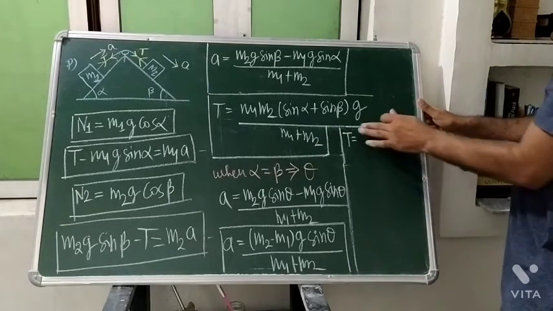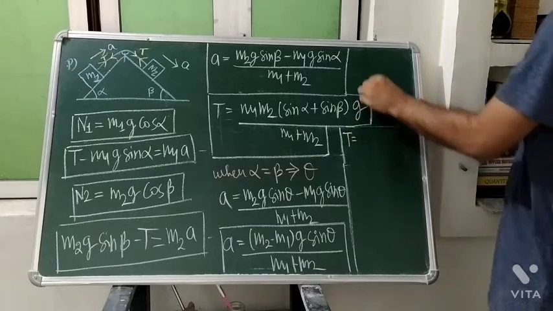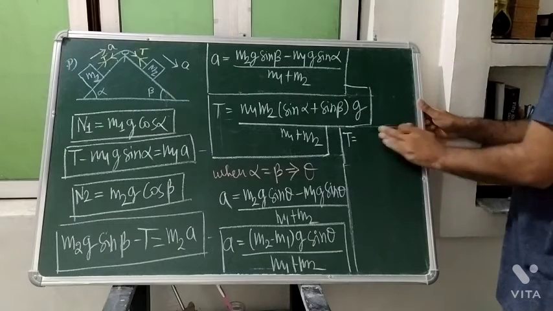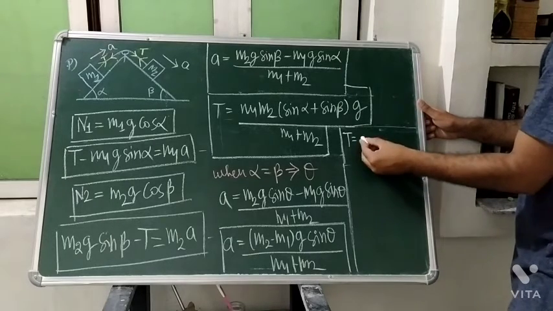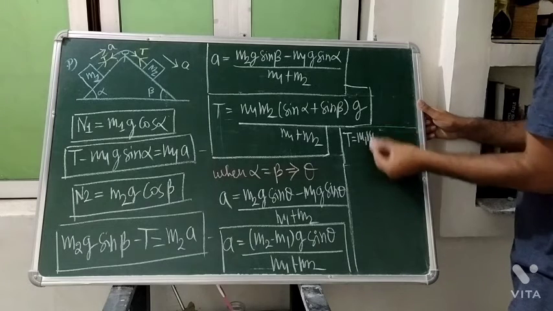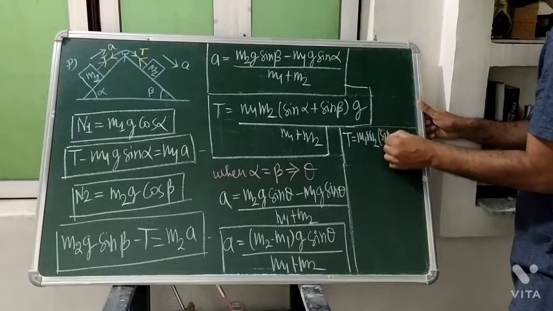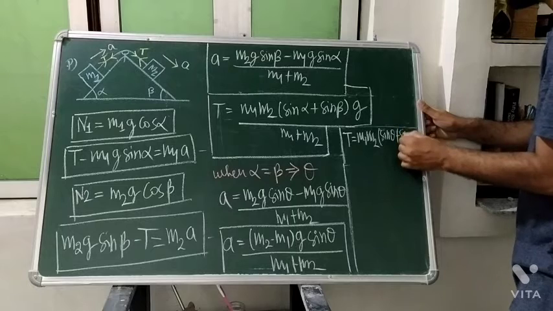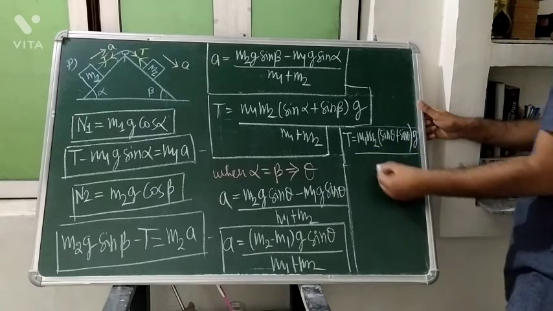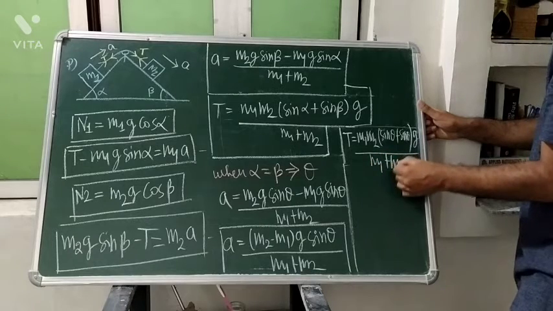So this will give us m1 m2, sin theta plus sin theta, times g, divided by m1 plus m2.